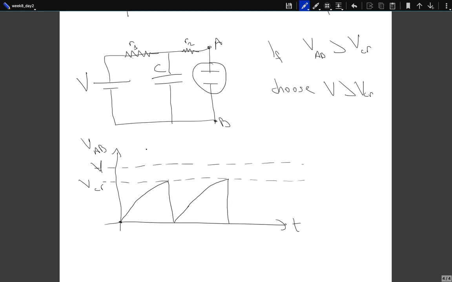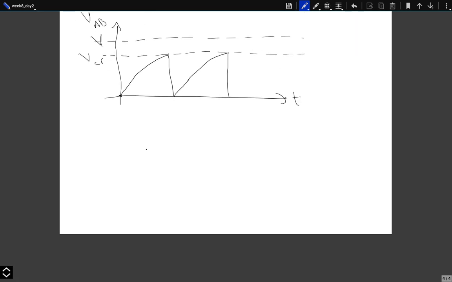Initially there is no current running through that R2, so all the current goes to the capacitor. But now there is a short over there, so there we have a different circuit. We have such a circuit.